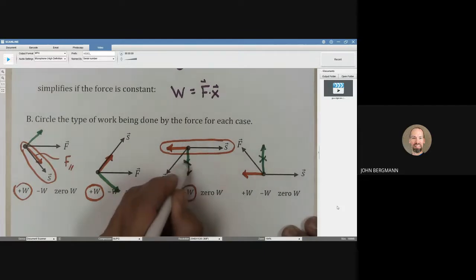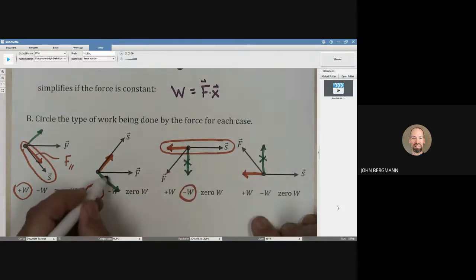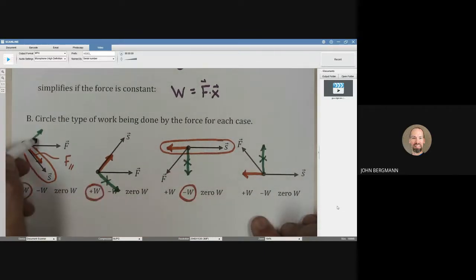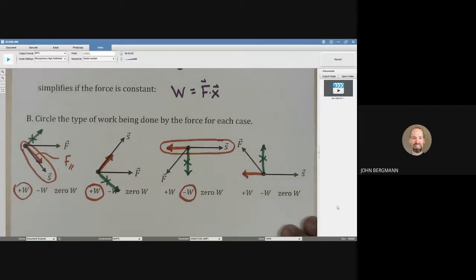Similarly over here, I could put X's through those green components, because if you take that component multiplied by the displacement, you're going to get 0, because anytime you take the dot product of two vectors that are perpendicular, you get an answer of 0. So these two show us that we're going to get a negative value for work there.